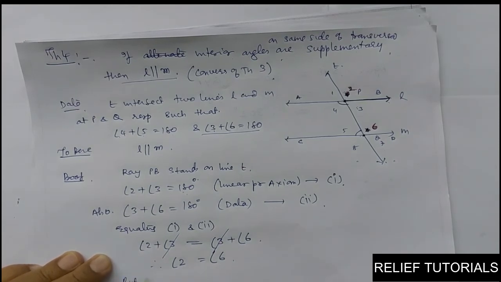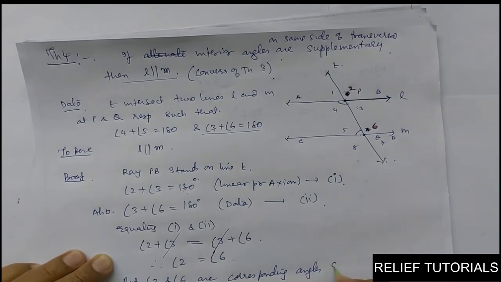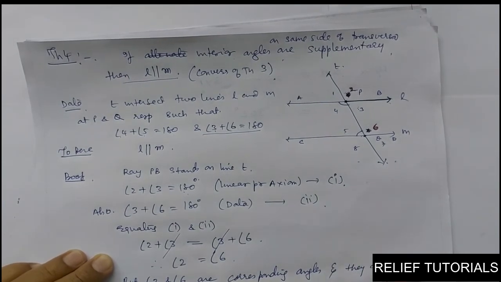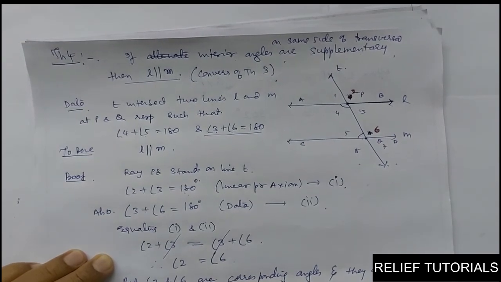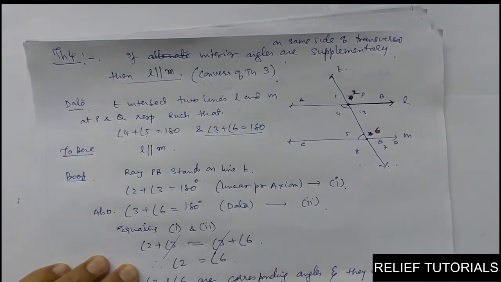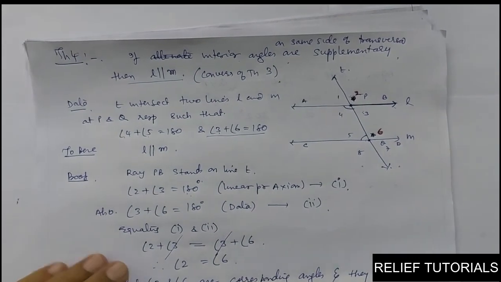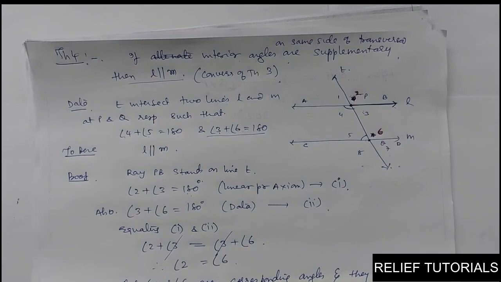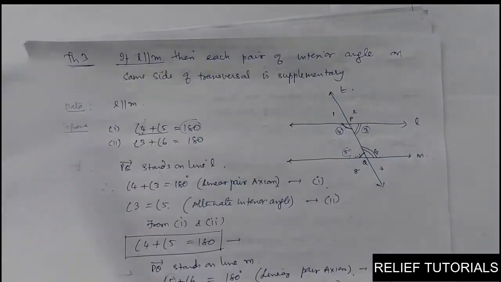Angle 2 and angle 6 are corresponding angles, and they are equal. So therefore lines are parallel. L is parallel to M. Why? Axiom 2: if corresponding angles are equal, lines are parallel. So with this we have completed your theorems, and I am going to recap it. See here.